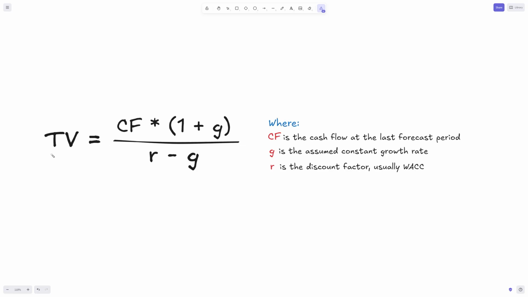And we can briefly touch on terminal value here, which takes this into account.